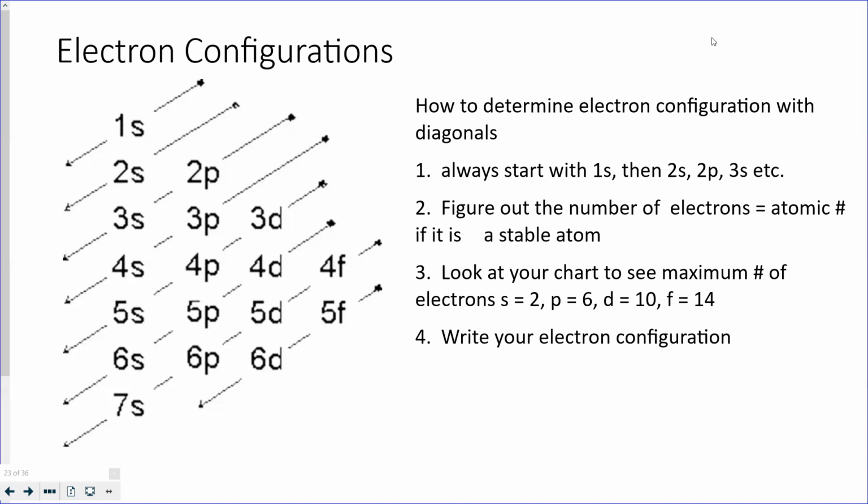You need to look at that previous slide to make sure you know how many total electrons can be in a different sublevel. So remember, S can only have up to 2 electrons, P can have up to 6, D can have up to 10, and F can have up to 14. And using all of this information, you're going to write out an electron configuration.